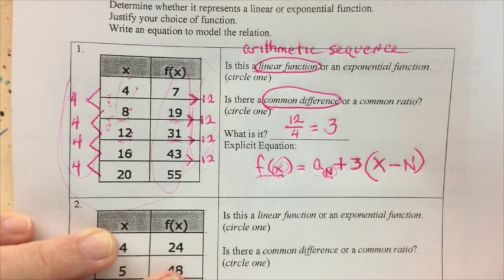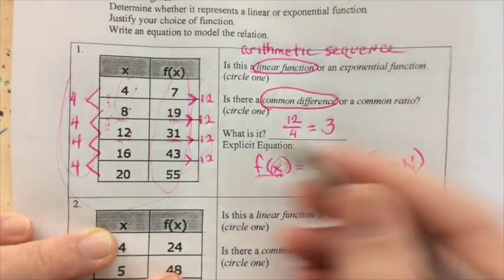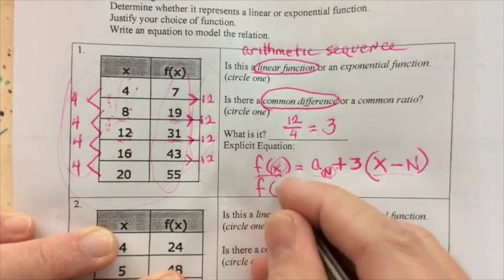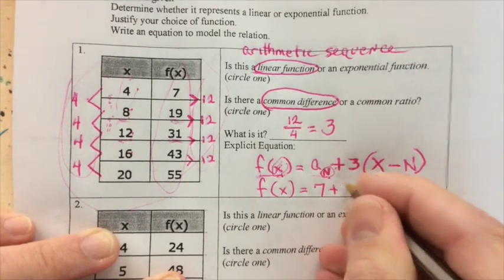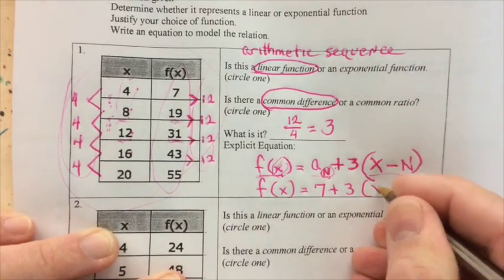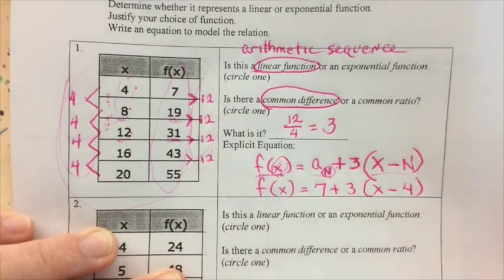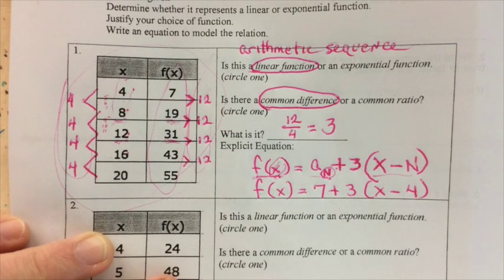That's how many I have to add, which turns out to be multiplication. So pick any number here that you want. Let's say f(x) is equal to 7 plus 3 times (x minus 4). And that's a perfectly good equation for this sequence.